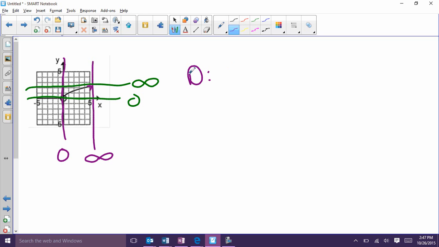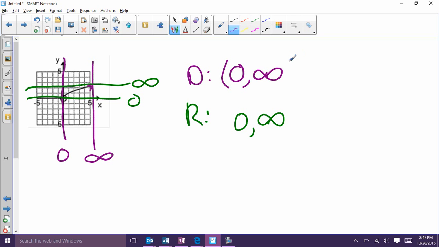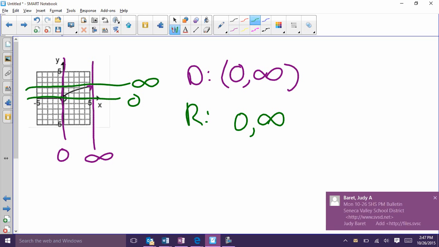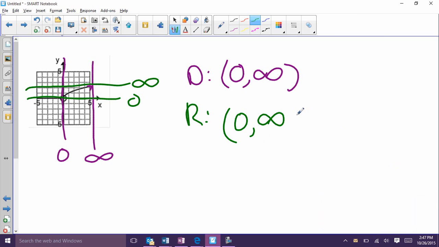So my domain goes from 0 to infinity, and the range goes from 0 to infinity. I have an open hole and an arrow. Open hole and an arrow. And so there's my domain and range.